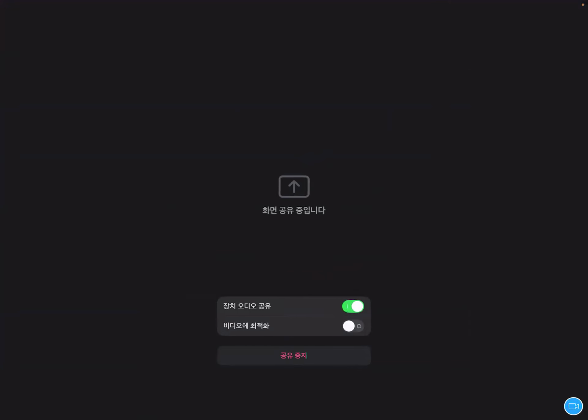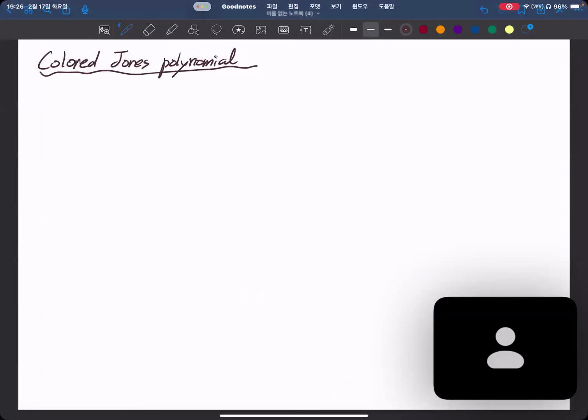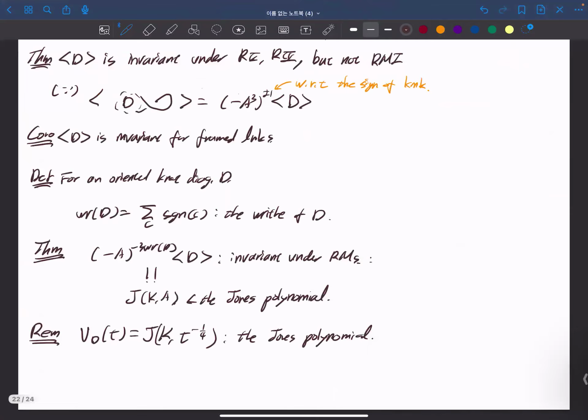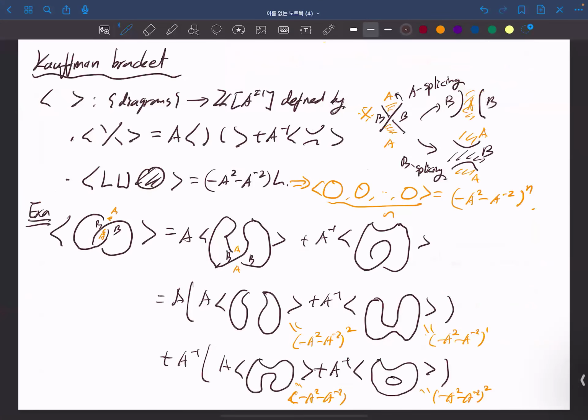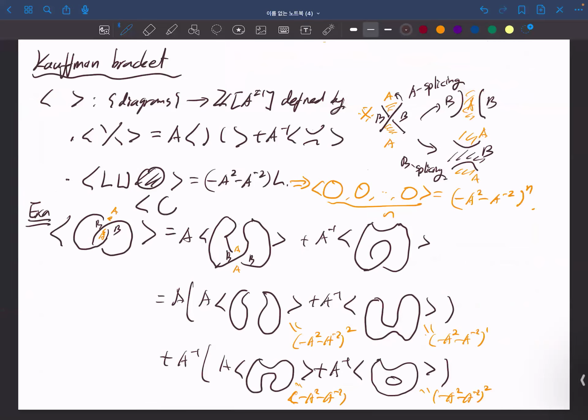Usually, there is a really good question. On purpose, I didn't say that. Originally, we add one more thing here: if it is just one trivial circle, then we say it is equal to 1.